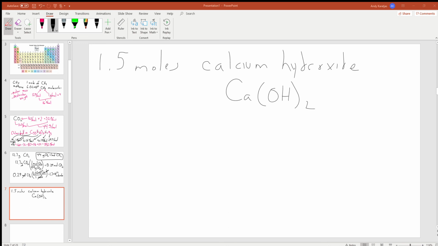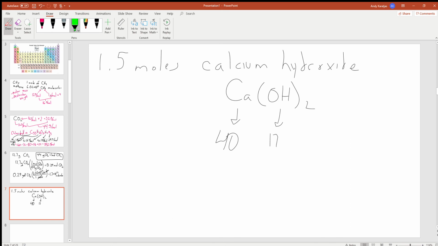Now we need to find the molar mass of calcium hydroxide. To do that, we do the same thing we've been doing. Calcium has a mass of 40. We saw a few minutes ago that oxygen is 16, hydrogen is 1. So that hydroxide there is going to be 17.